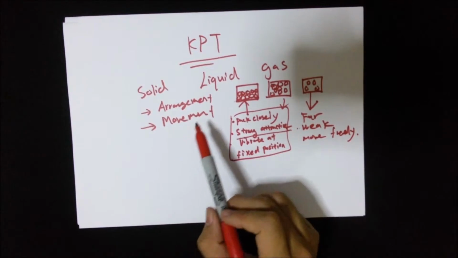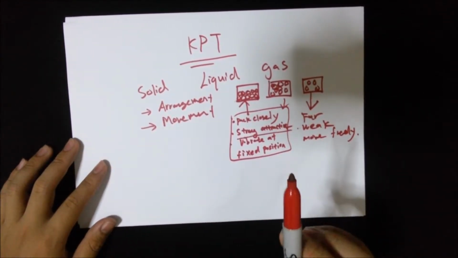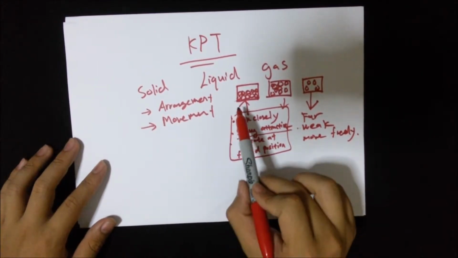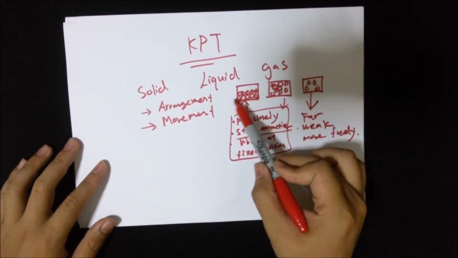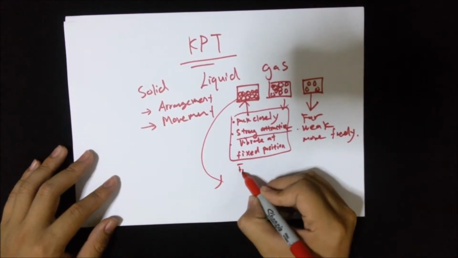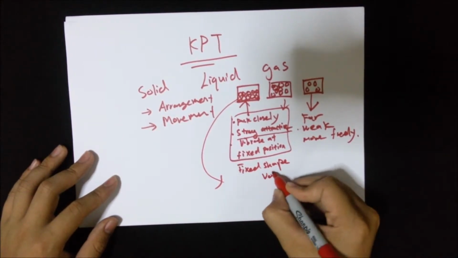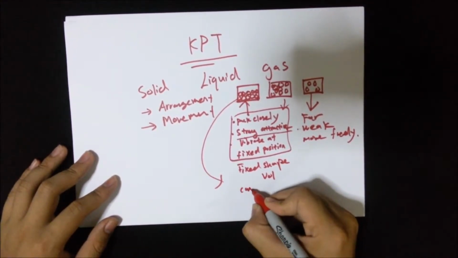Okay, so with all this information, we must come to conclusion of some properties of particles in solid, liquid, gas. For solid, we know that due to its orderly arrangement, it must have a fixed shape, and it must have a fixed volume, but it cannot be compressed.